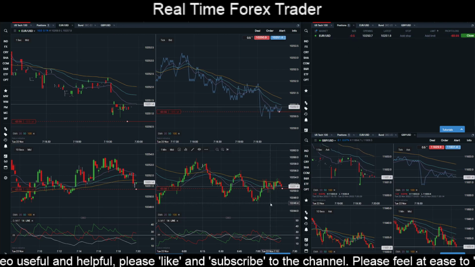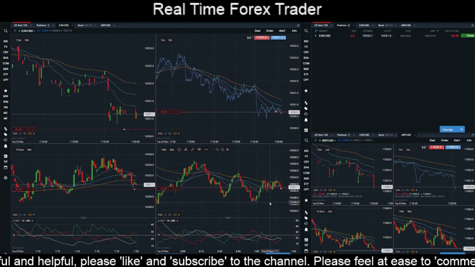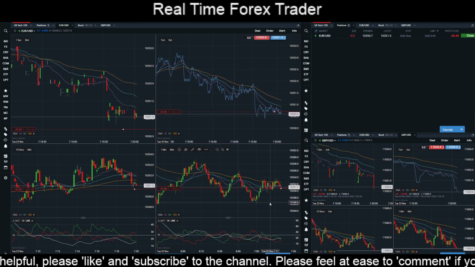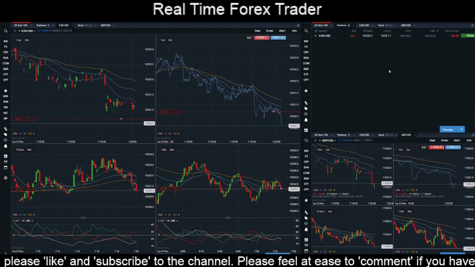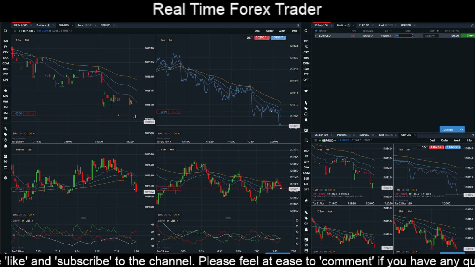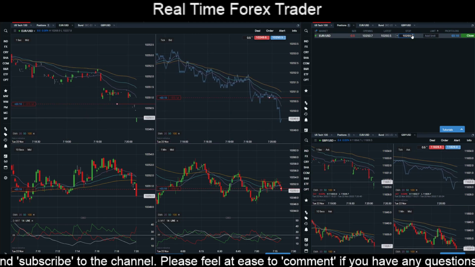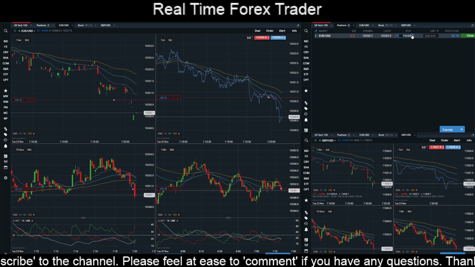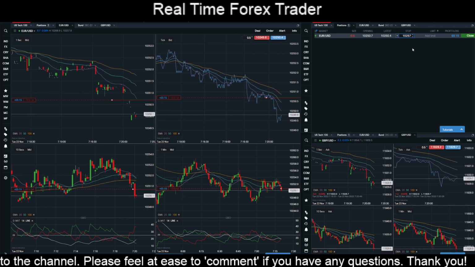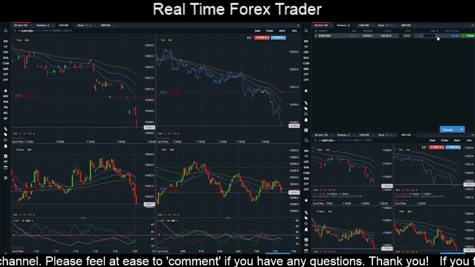50.7. Doesn't look like it'll go below 46s. Let's get a stop on. And we can put that on up.